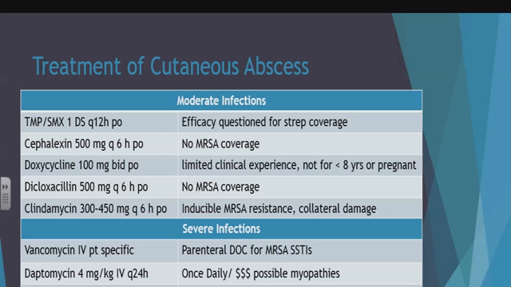For treatment of cutaneous abscesses, if it's not a mild infection that just needs I&D, we would be initiating an antibiotic, which usually will need to cover for MRSA. I know that the guidelines actually have an option of using cephalexin or dicloxacillin, but these do not cover MRSA.